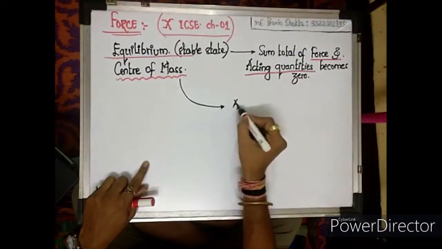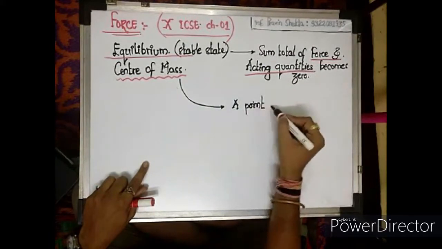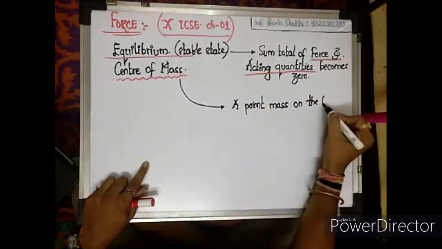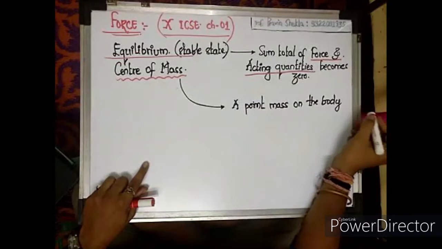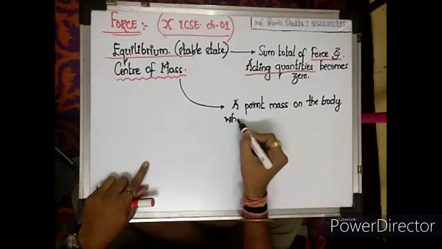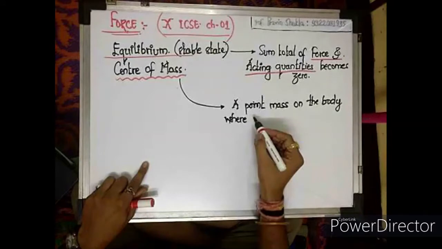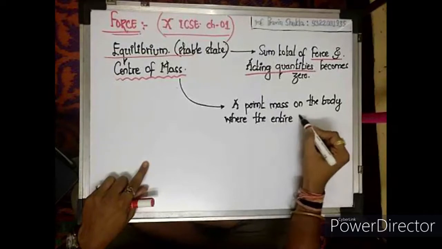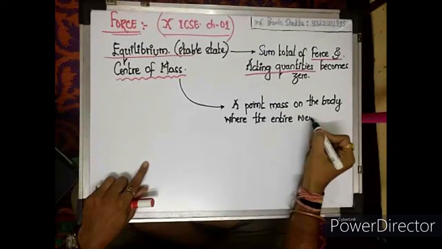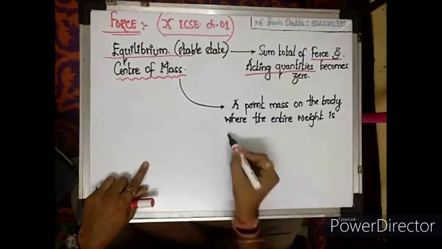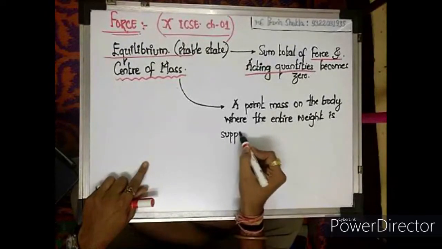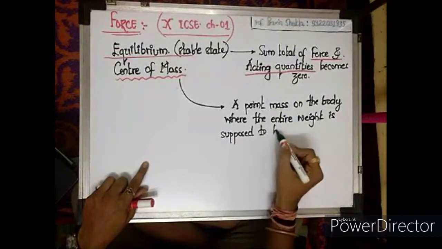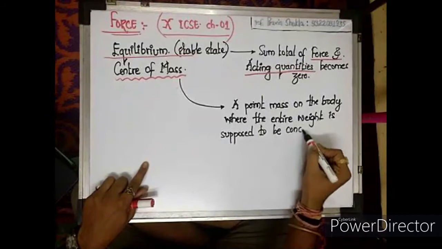A point mass on the body where the entire weight is supposed to be concentrated.